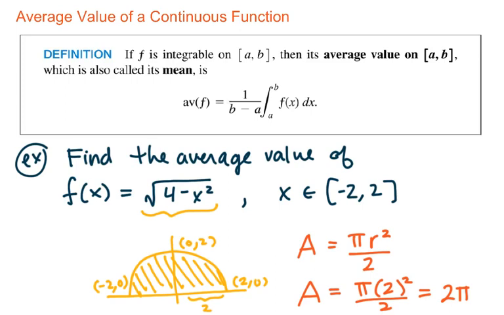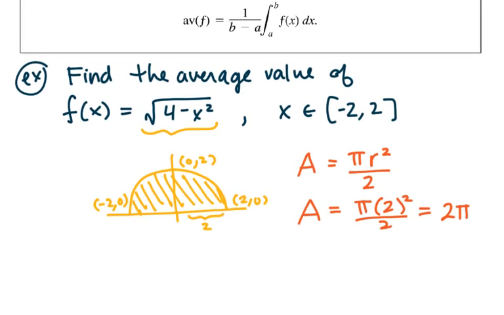So what that 2 pi represents is the integral from -2 to 2 of the square root of 4 minus x squared dx. That value is equal to 2 pi.